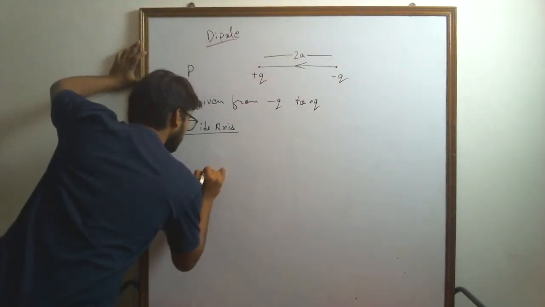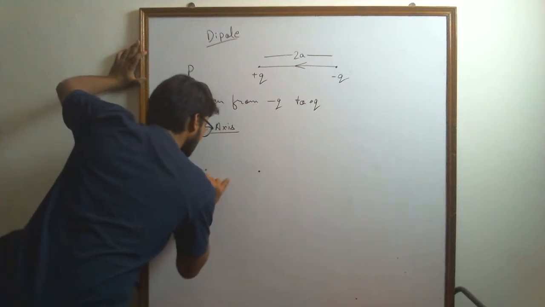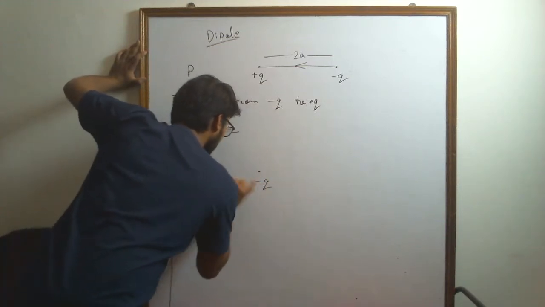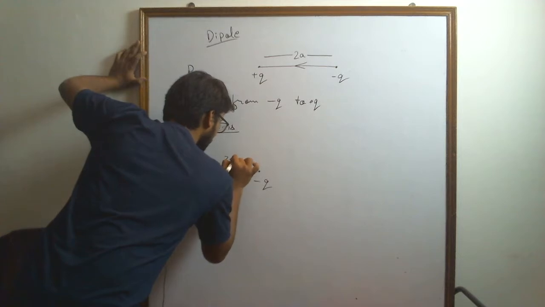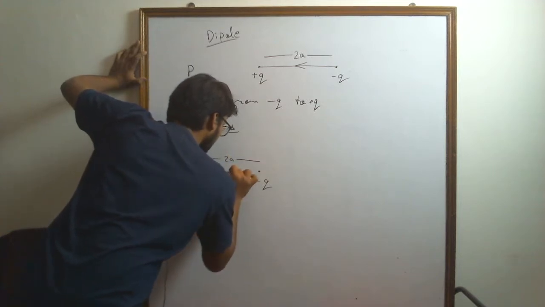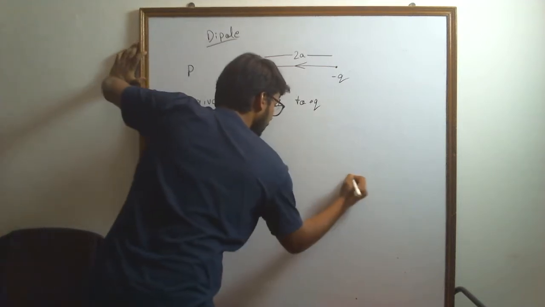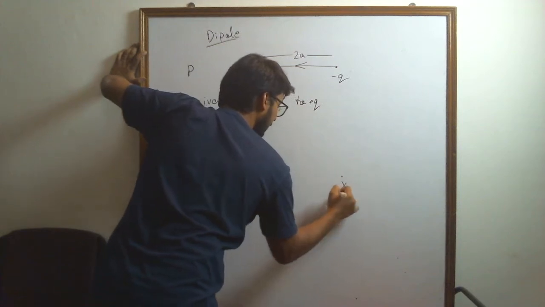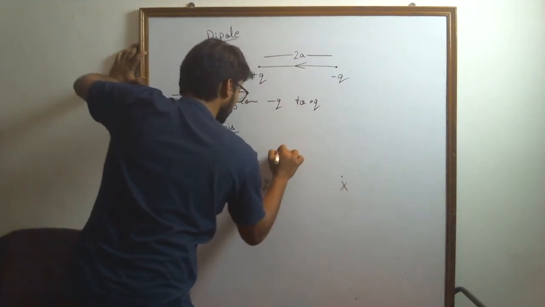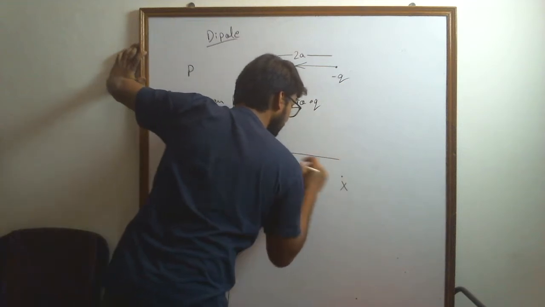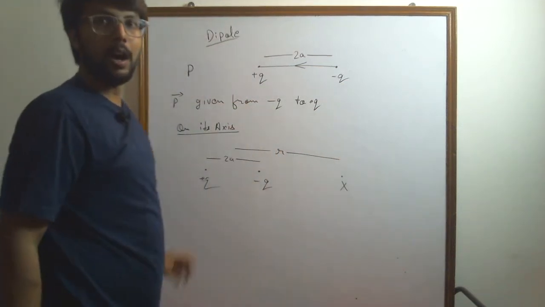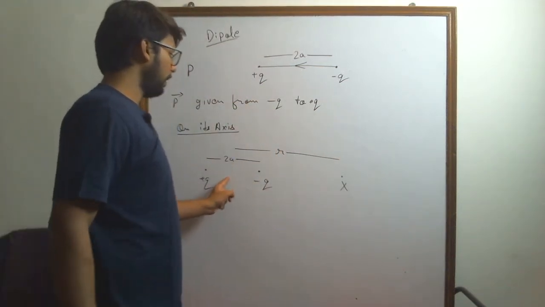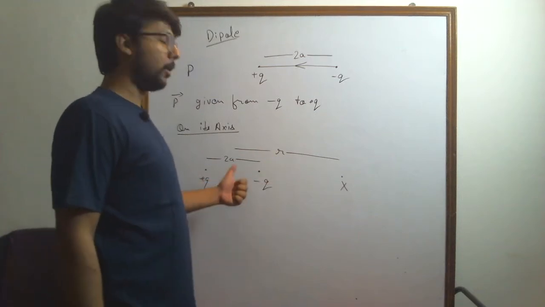So suppose this is my dipole, the distance is of course 2a, and from the center point I take a point x such that the distance of x from the center point is r. Okay, remember I am taking r from the center.